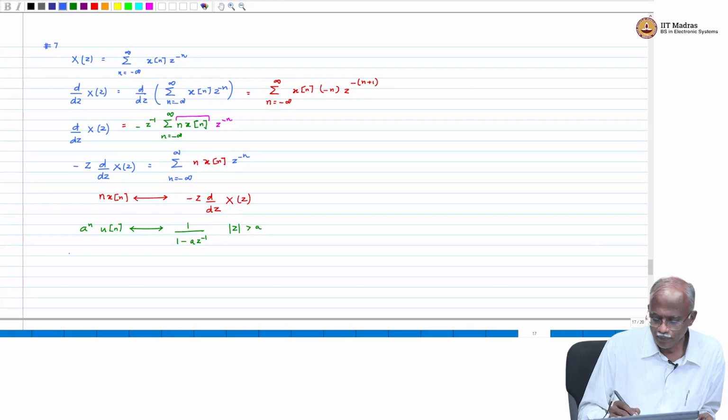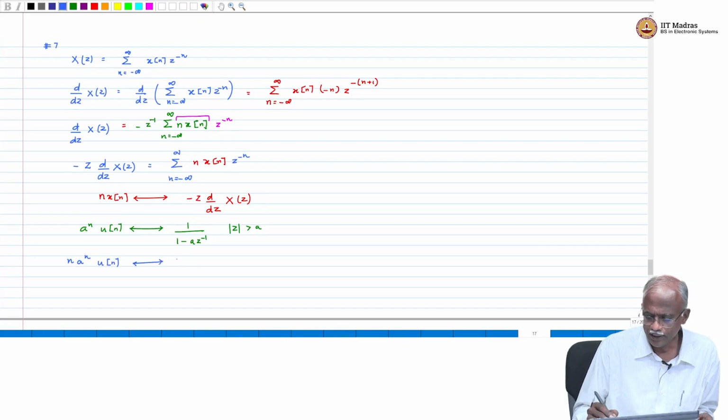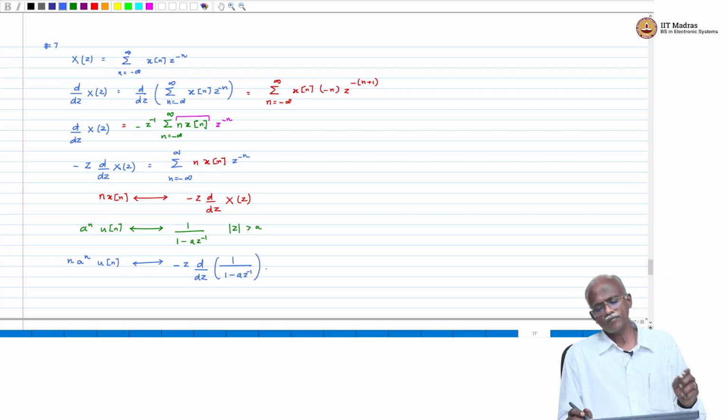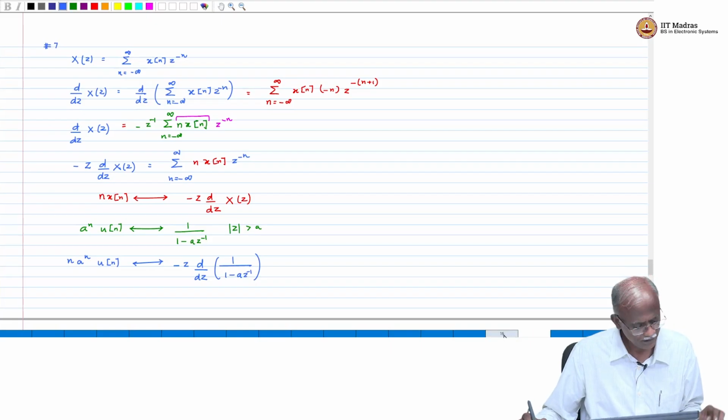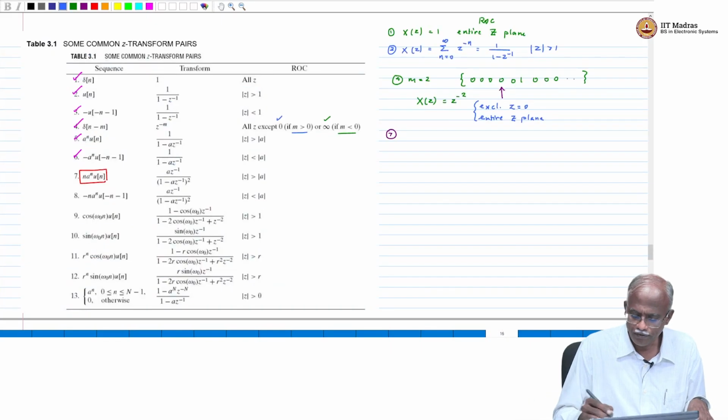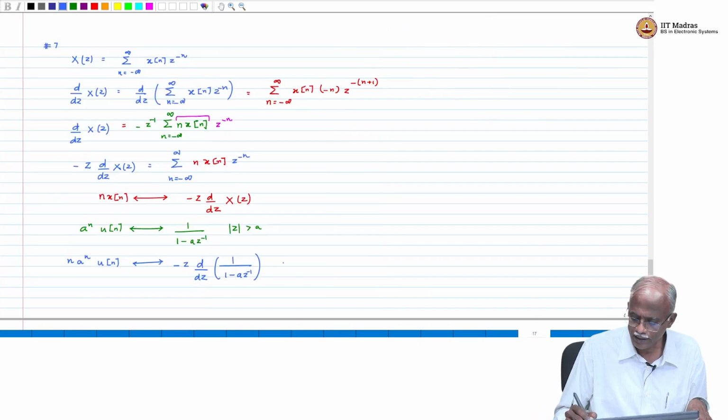So from the expression that we have, n times a of n u of n must have a z transform minus z d by dz of 1 over 1 minus a z inverse. Just go ahead and apply the differentiation and you will be able to verify that what you get here will be a times z inverse over 1 minus a z inverse the whole squared.